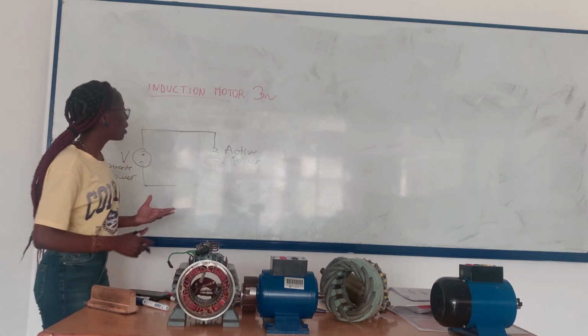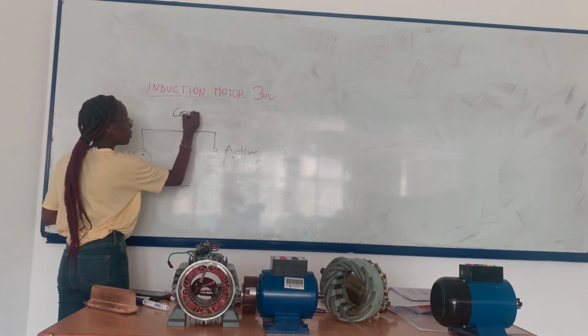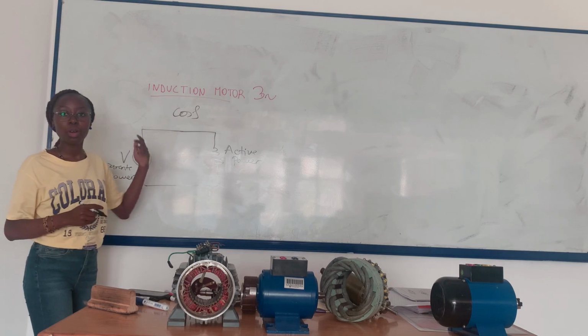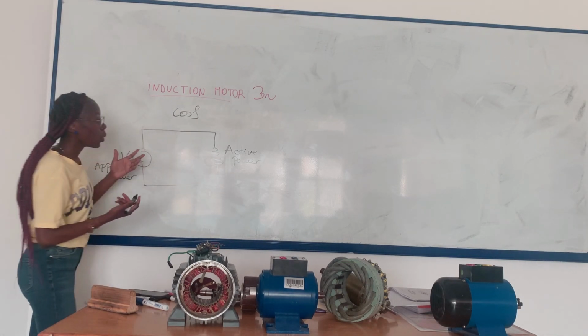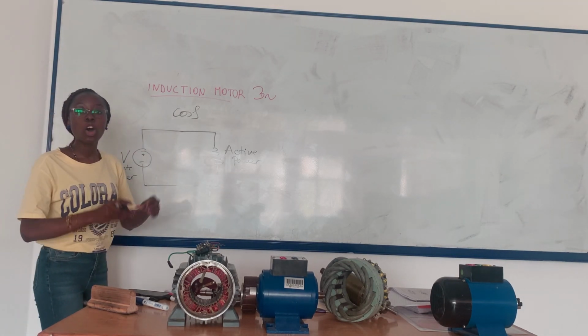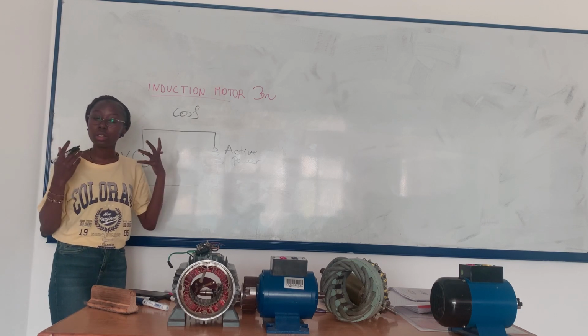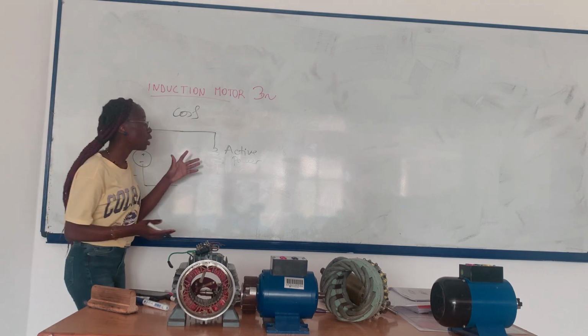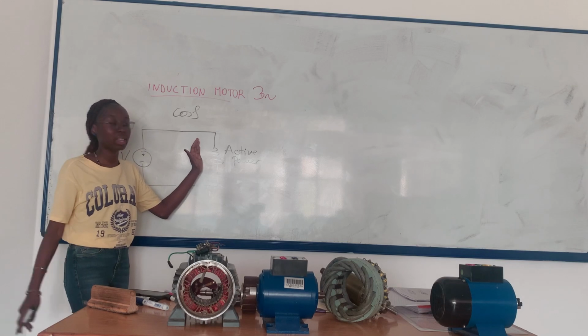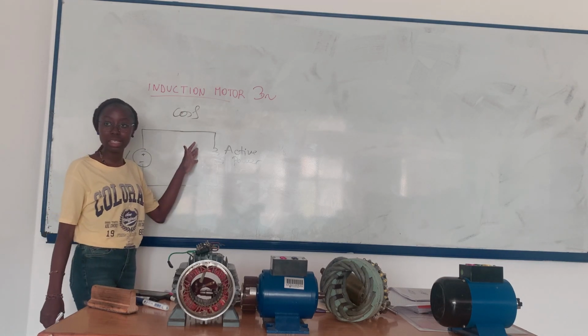So what about the cosine phi? We also call it the power factor. We know that in all induction motors we have active power, and there is the cosine phi inside.